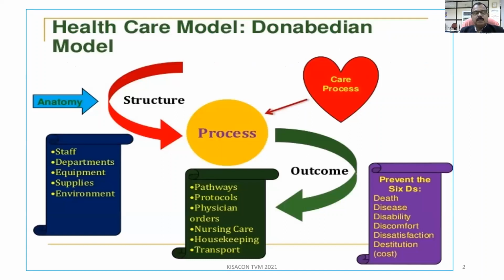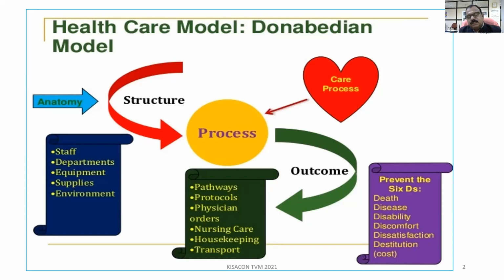In the background, I would like to talk to you about this concept of Donabedian model of structure, process, and outcome, where, as we know, the structure is the operation theater, the hospital environment, the various equipments, and the staffing which is going into the system.